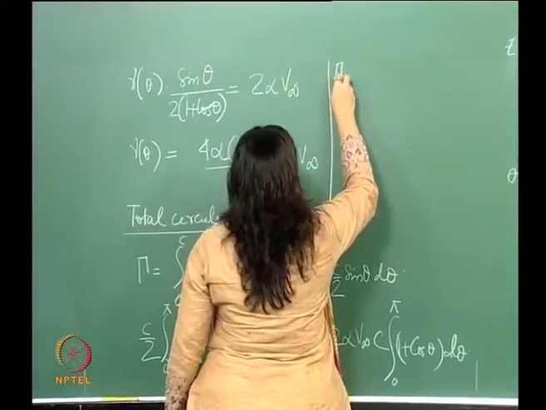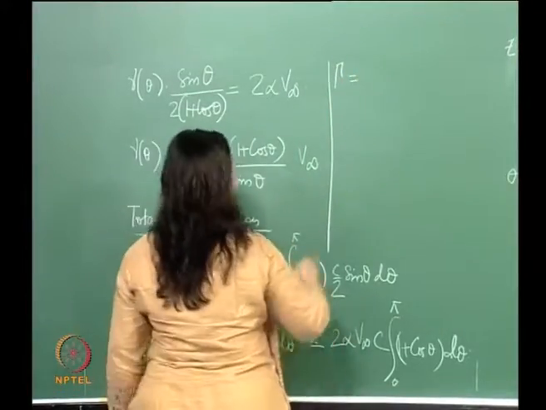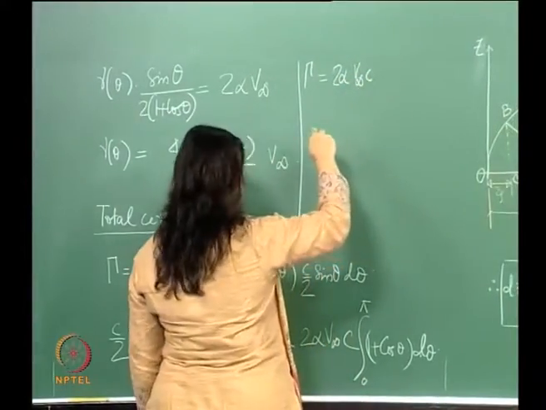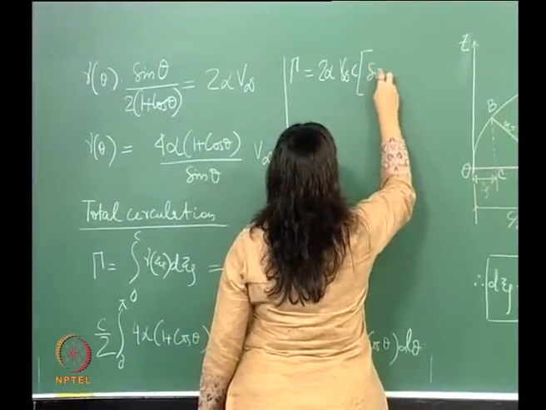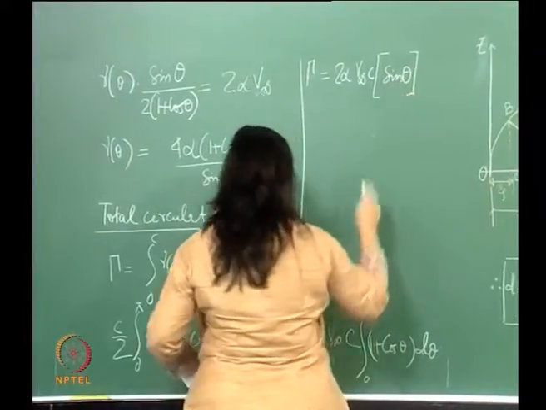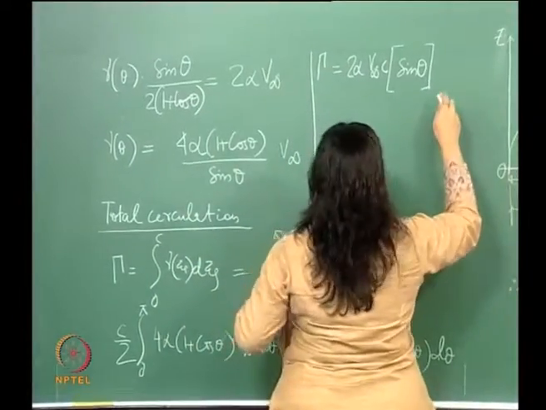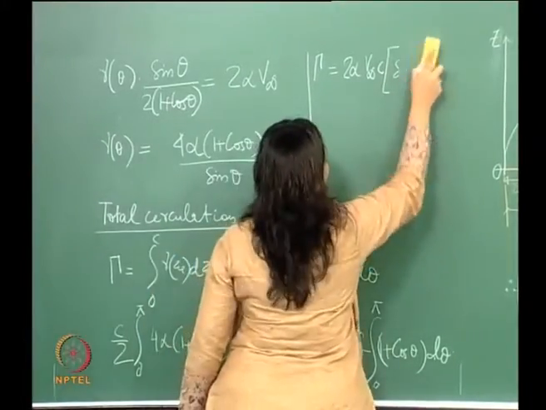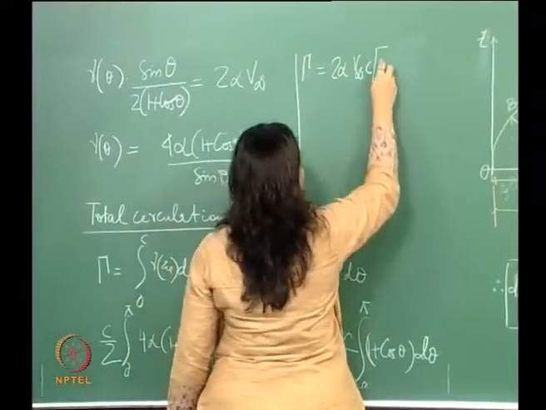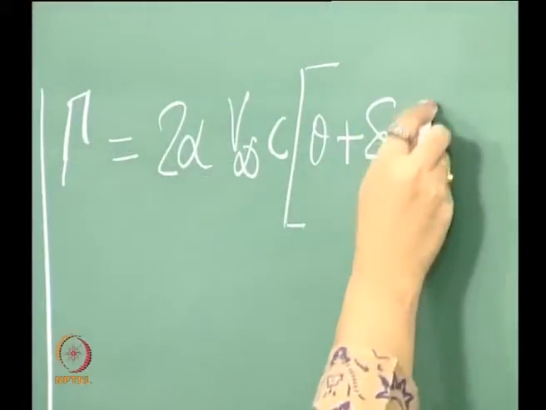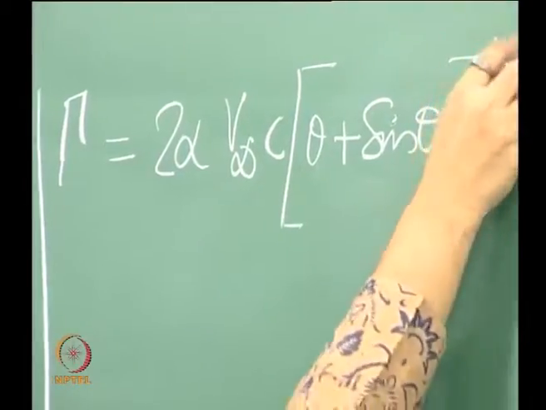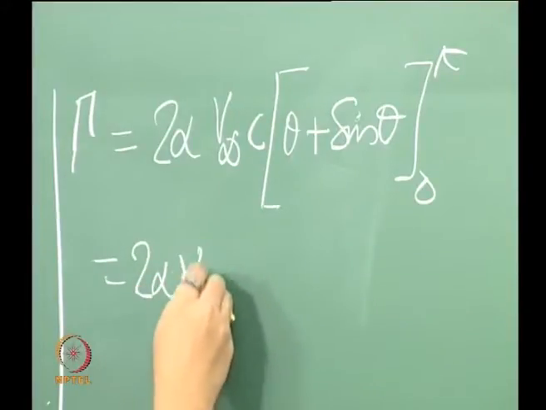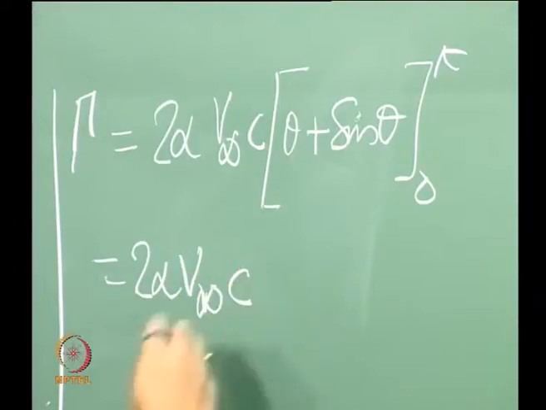My total circulation becomes 2 alpha v infinity c times, integrating here, theta plus sine theta from 0 to pi.